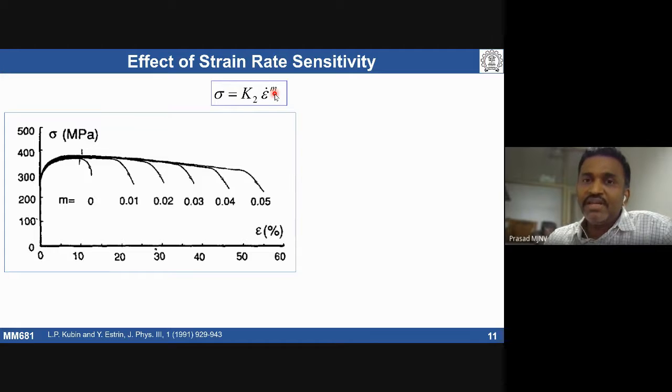For most materials which do not exhibit dynamic strain aging, the m value will be positive, from 0 up to 1. If the material shows the dynamic strain aging phenomenon, then m can be negative.